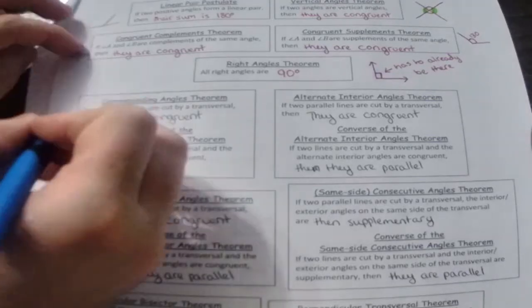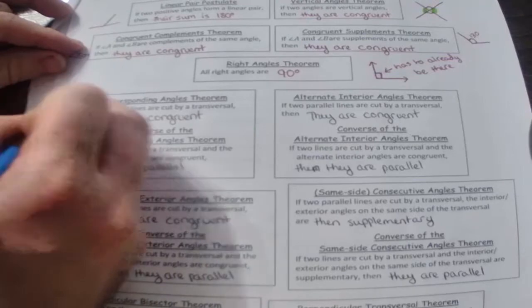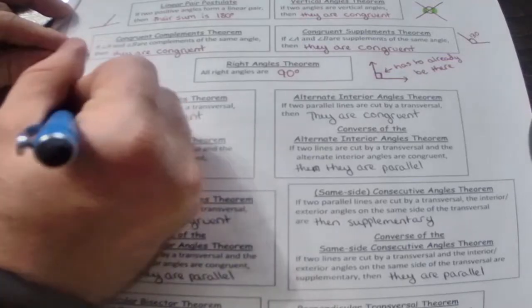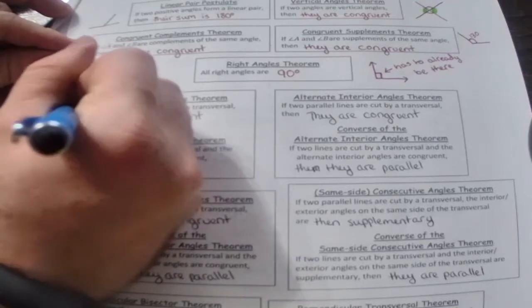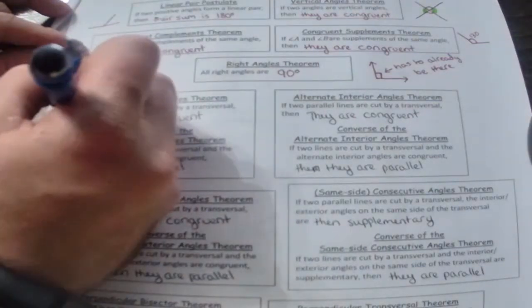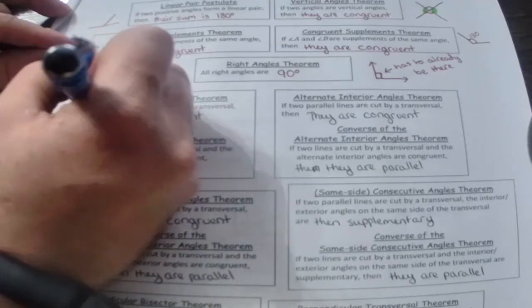So let me just draw you something here. I'll kind of draw what corresponding angles actually are. So parallel lines are lines that are never going to touch. A transversal is a line that cuts through parallel lines, so this would be a transversal. So every time that you see this from now on, you know a line that goes through parallel lines is a transversal.